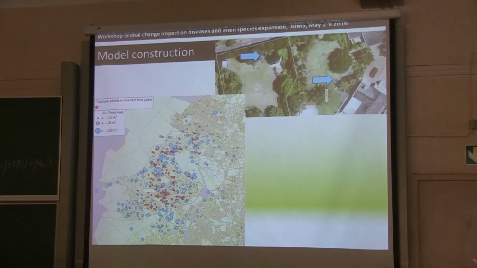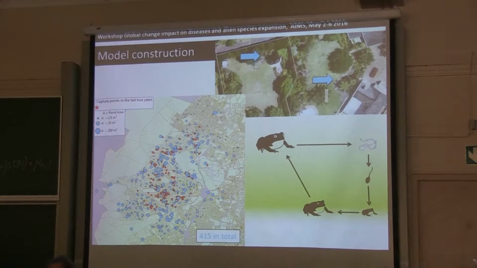Unfortunately, in this invaded area that is described by these red stars, I counted more than 400 ponds in which the species can potentially reproduce. I took the GPS coordinates for all of them, and I classified the size of each pond for building my model.